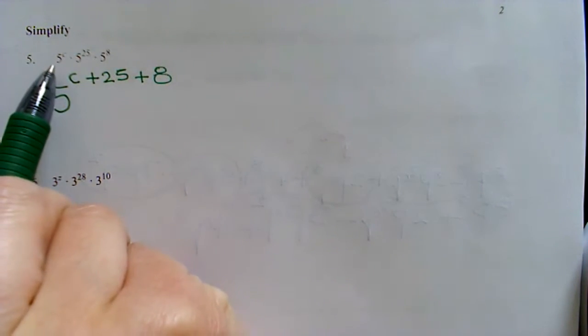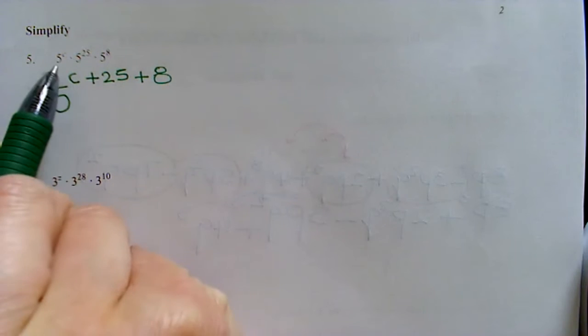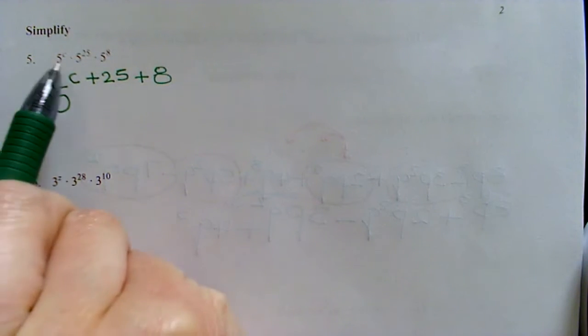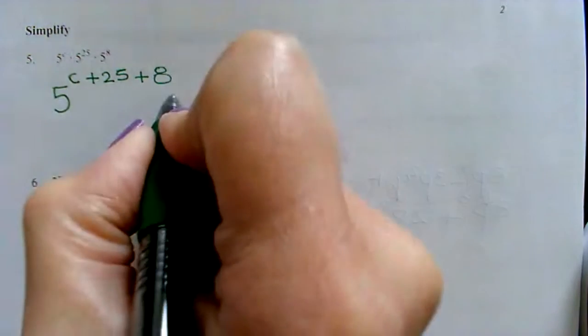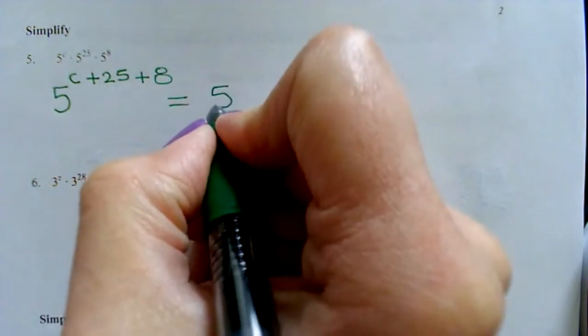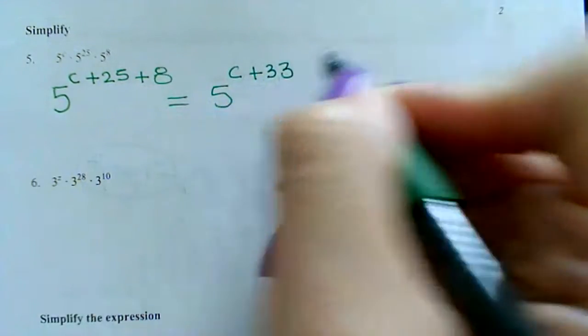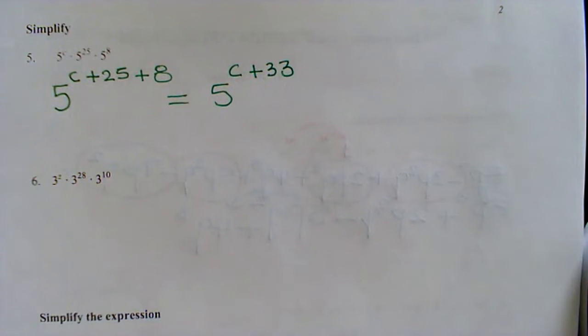When we are multiplying numbers with exponents and the base is the same, what I need to do is just add the exponents. That's what I'm doing here. 25 plus 8 is 33. All right?